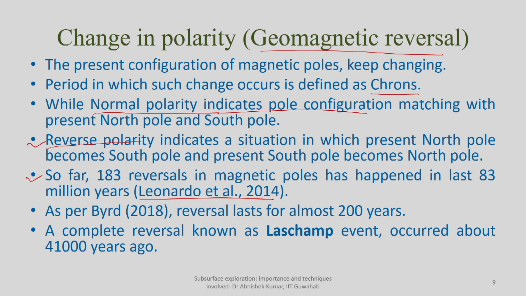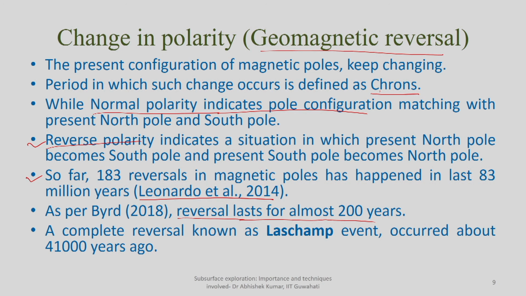Again, as per Bayard in 2018, every kind of reversal configuration lasts for almost 200 years, like the south becomes north, north becomes south. So, that lasts for almost 200, 250, 220 years, and then it will come back to its normal polarity.